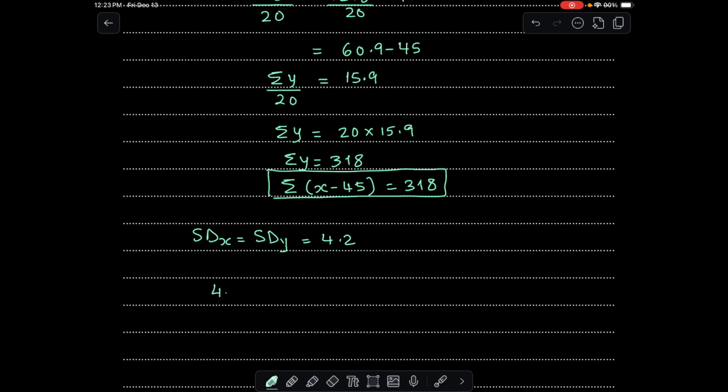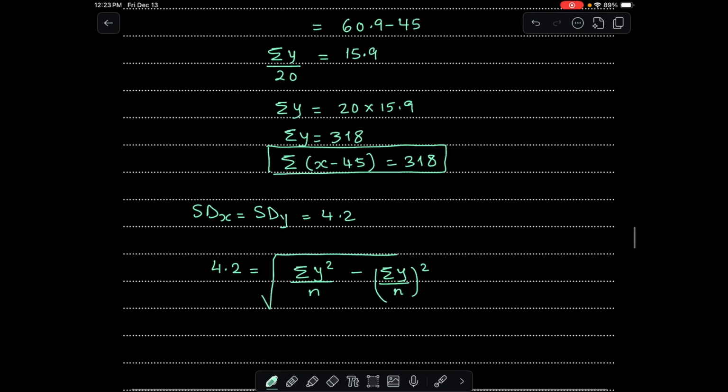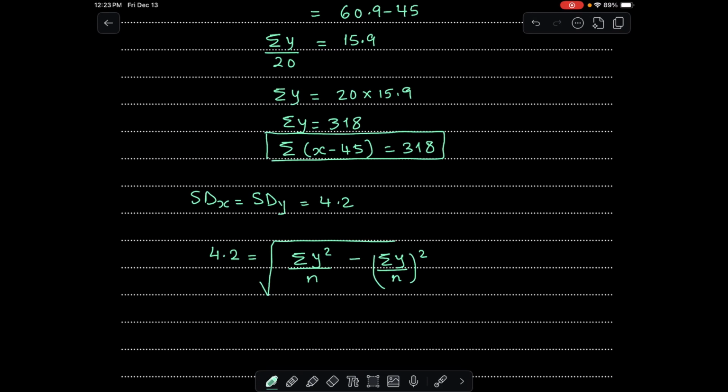So I'm going to use 4.2 is equal to square root sum of y square divided by n minus sum of y over n bracket square. So 4.2, let's get rid of the square root. So square on both sides. 4.2 square would be equal to sum of y square divided by 20 minus, we have 318, the answer we just calculated over here. 318 divided by 20, the bracket square.